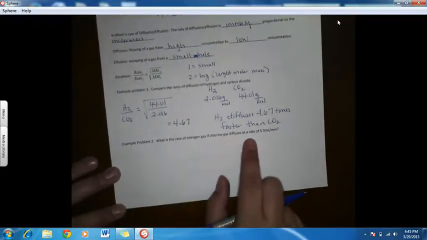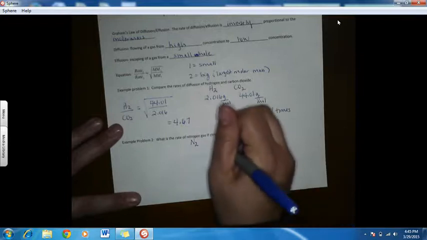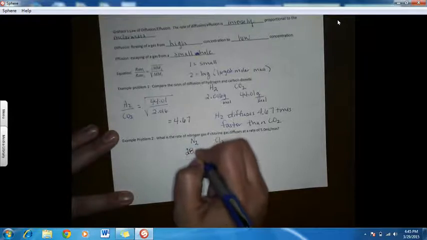What's the rate of nitrogen if chlorine diffuses at a rate of 5 milliliters per minute? Again, we have to think about nitrogen being diatomic, and so is chlorine. That's the big kick here, and that will be the most difficult thing about these problems: remembering your diatomics. Which one is larger? Let's find the molar masses. Nitrogen is 14.01, times 2 would be 28.02 grams per mole.